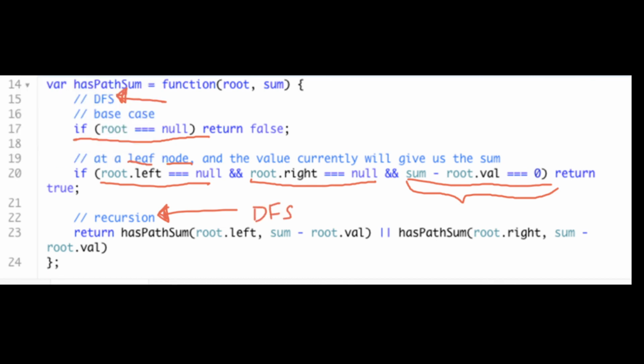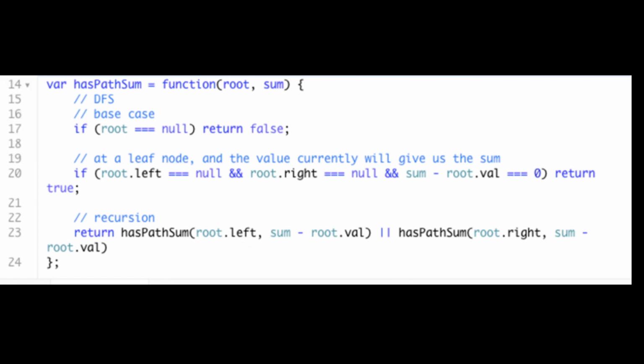Now, what do you check? Well, you check your left child. And what do you check of the left child? We have to subtract your current value from sum. Now, it's very important that you use OR here because you're just checking to see if you found the value to the left or to the right. You do not need to do an AND. And that's it. That's the entire program for this problem.